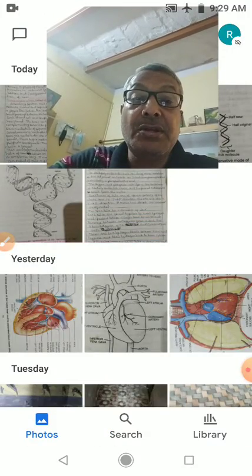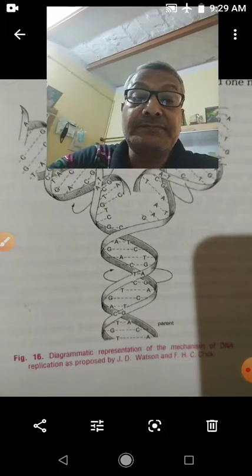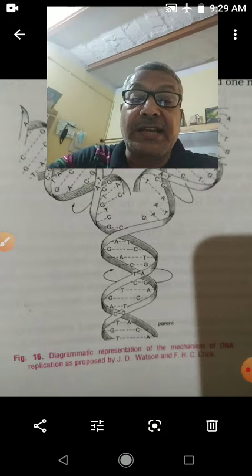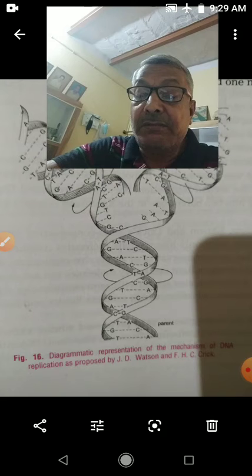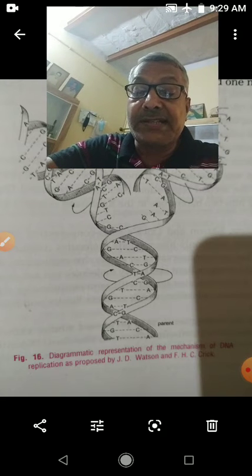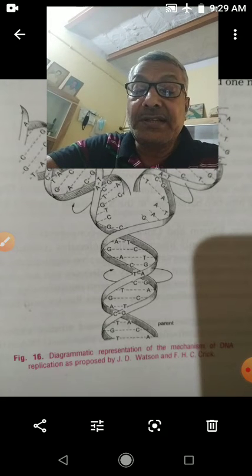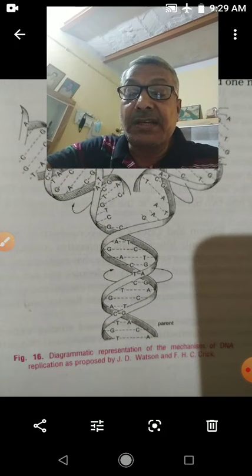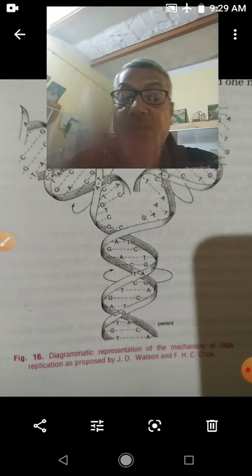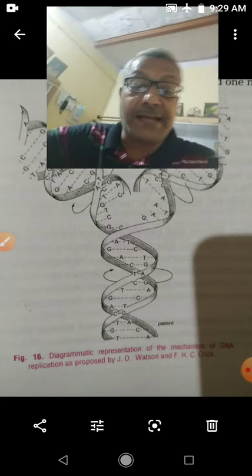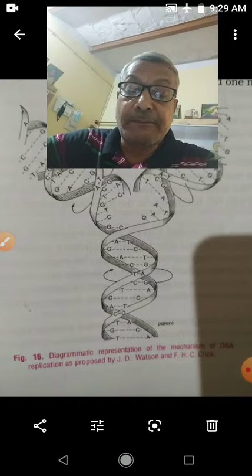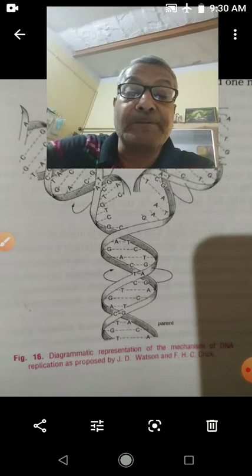Here you see, this is the DNA molecule, it is going to unwind, which means both strands are going to separate from each other in a zipper-like fashion. It occurs due to breakage of hydrogen bonds present between the base pairs.